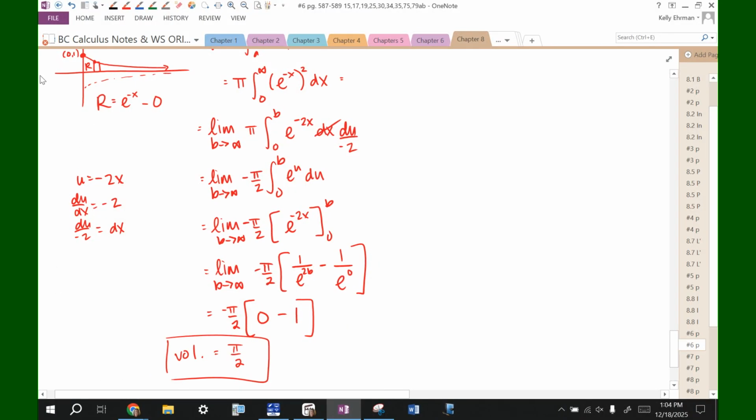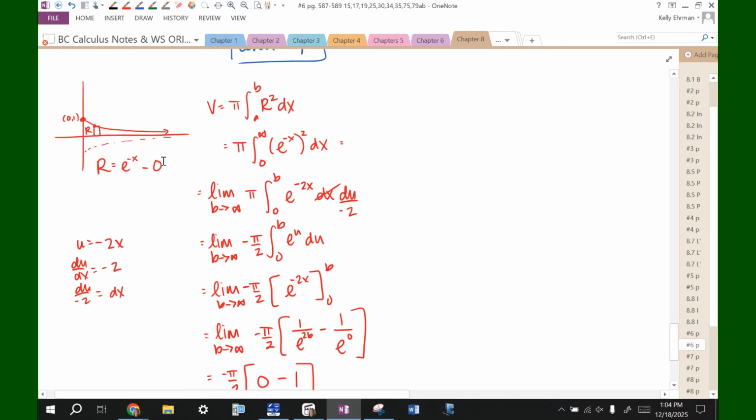And yeah, if you were going around the y-axis, I would guess we would be going from 0 to infinity or 0 to 1, but 0 is not attainable.